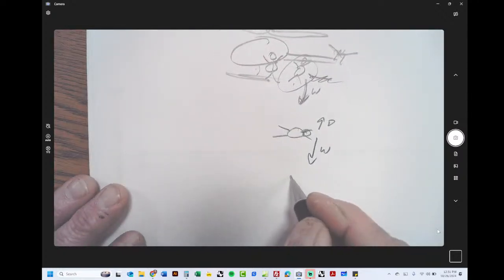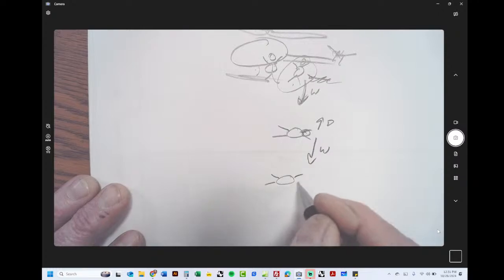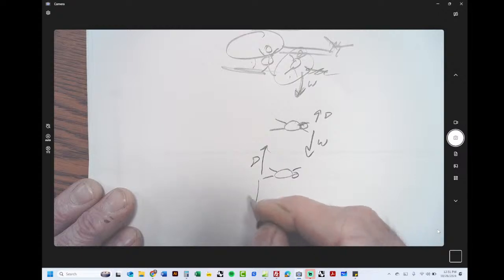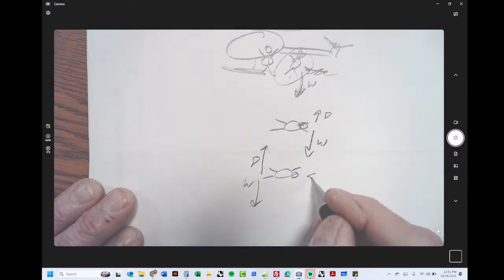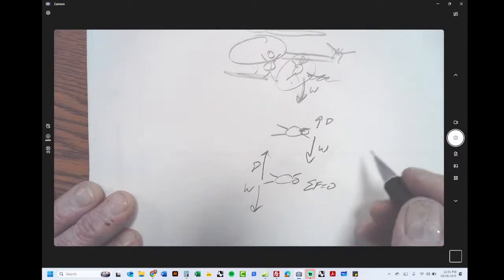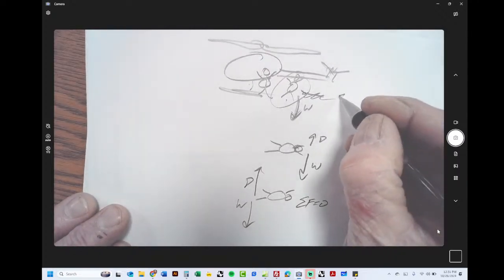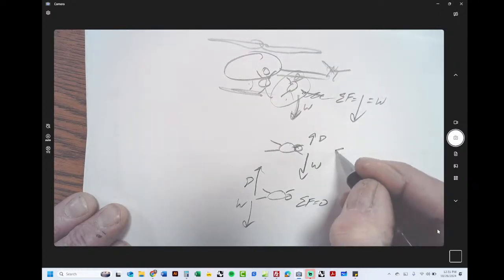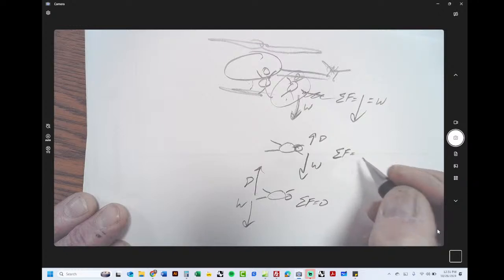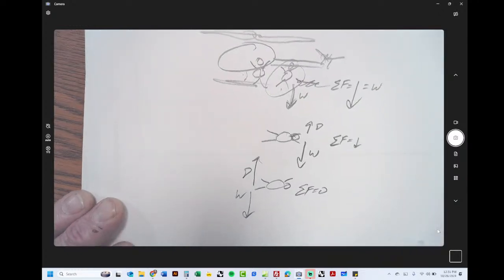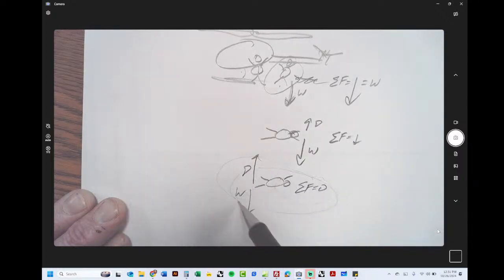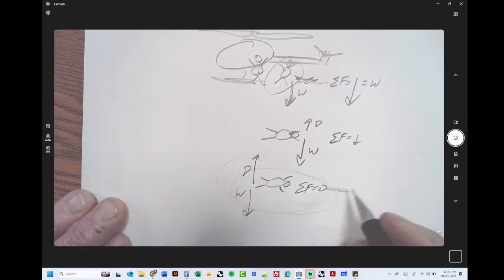And then eventually, what's going to happen to the drag force? Eventually the drag force is going to equal the weight, and the net force is going to be 0. So I'm going to write net force equals the weight. Over here, net force equals a smaller force downward, and then 0. What do we call this moment in time? So this is where they've reached terminal velocity.